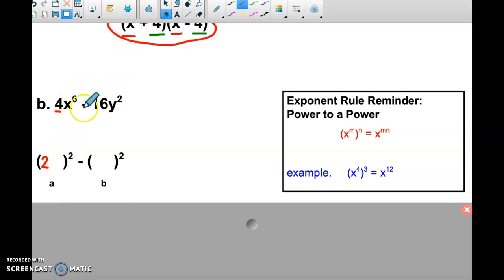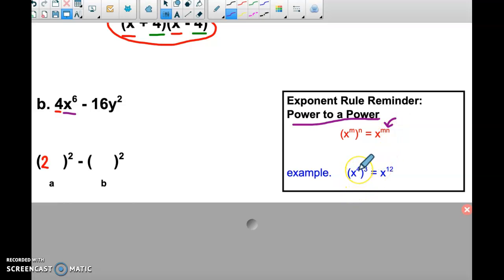I have to now look at this variable, x to the 6th. When I look at that x to the 6th, I need to remember this exponent rule. This exponent rule is power to a power. What happens when I have an exponent raised to another exponent? We multiply those two exponents together. So here's an example.